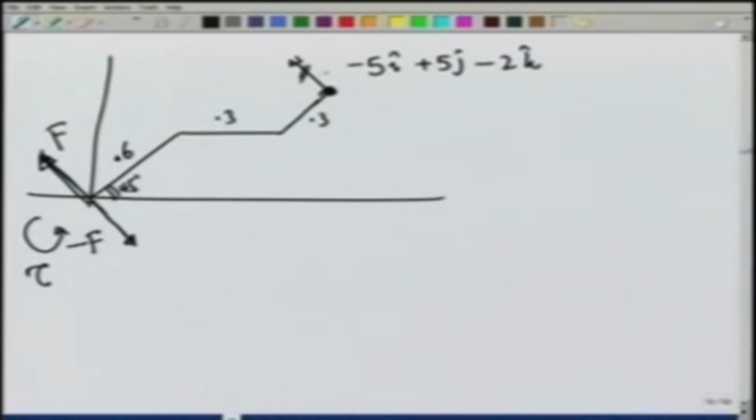Either I can calculate the perpendicular distance between the forces, or I can straight away use the formula tau equals R cross F. Let us see what R is going to be in this case.